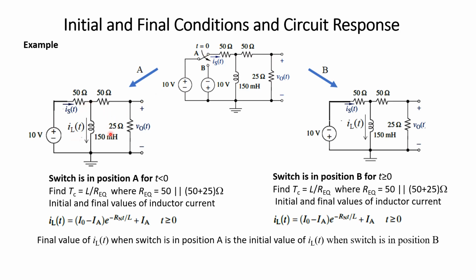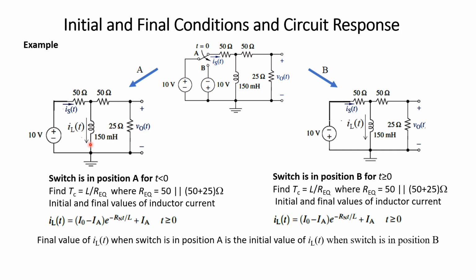Then we will see what the final value of the inductor current is, flowing through this. As you remember, when the inductor is saturated, when the current has settled to its steady state value, it behaves like a short circuit.